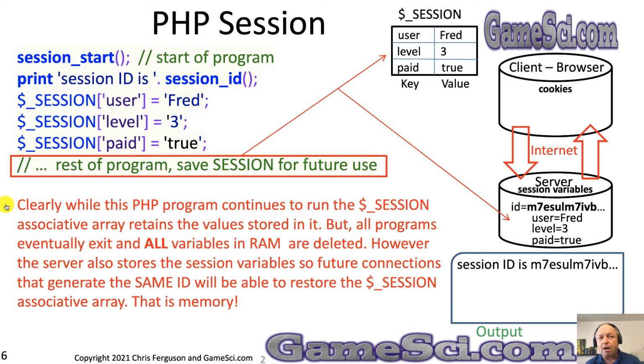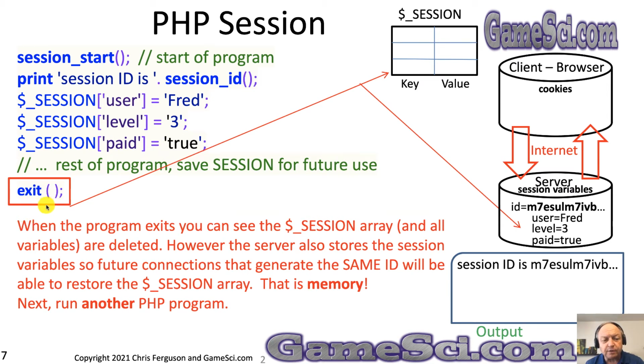But all programs eventually exit and all variables in RAM are deleted. However, the server also stores the session variables, so with future connections that generate the same ID, we will be able to restore the $_SESSION associative array. That is memory. When this user comes back to our PHP program, it will remember the variables stored in the session array.